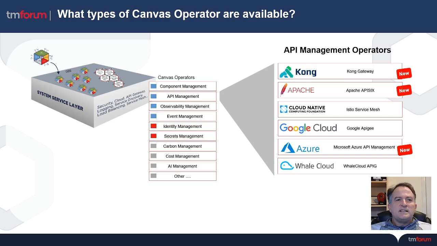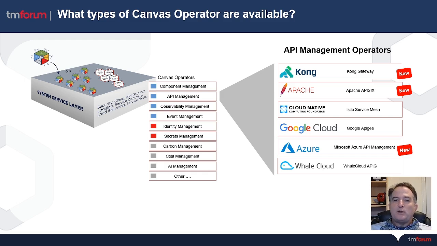So the first is API operators. Each ODA component includes a declarative definition of its requirements for exposing its APIs. The APIs could be for the core function of the component or for managing and securing the component itself. And a Canvas platform can use any API gateway or service mesh to expose these APIs in a secure and controlled way.